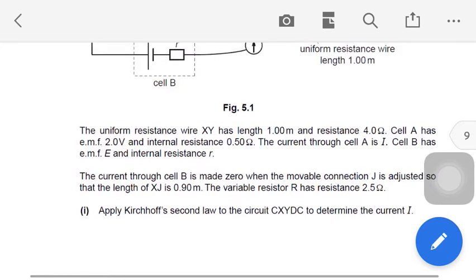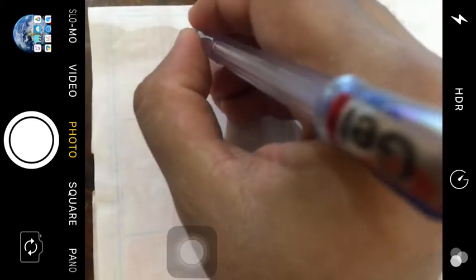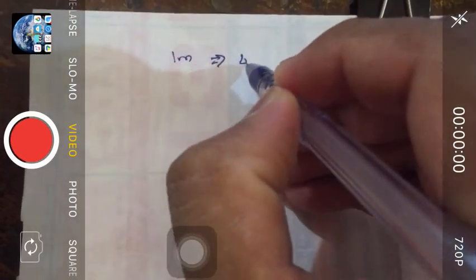The question says that the wire is 1 meter and it has 4 ohm resistance. So according to the question, the length of the potentiometer wire is 1 meter and the resistance is 4 ohms.